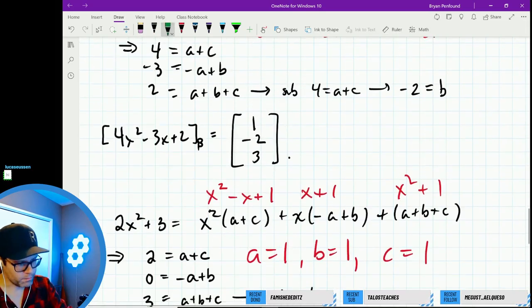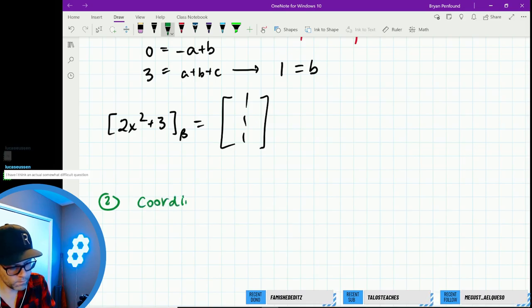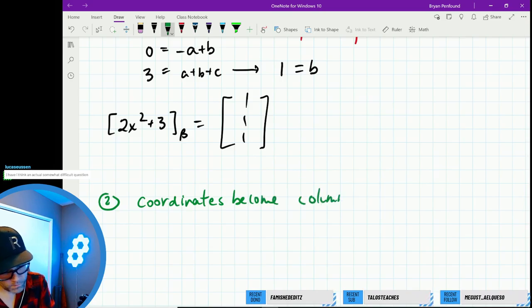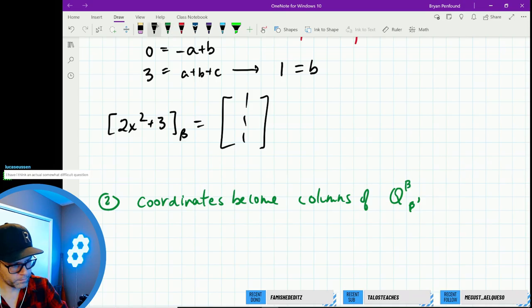So that's step 1. Typically, that's the tricky part. Now these coordinate vectors become the columns of Q. Okay, and what we've done is we've created, I believe, a Q that starts at beta prime and goes to beta.